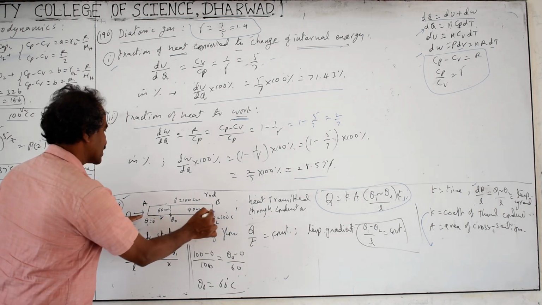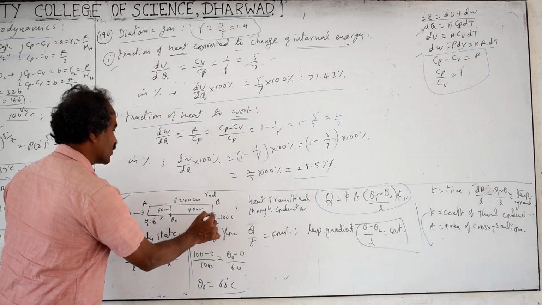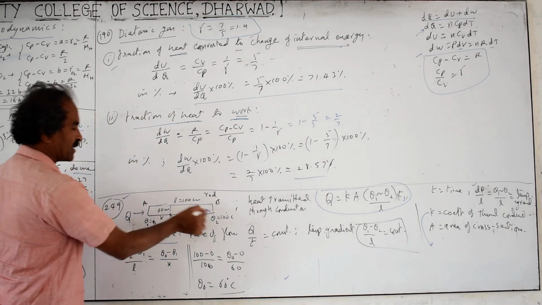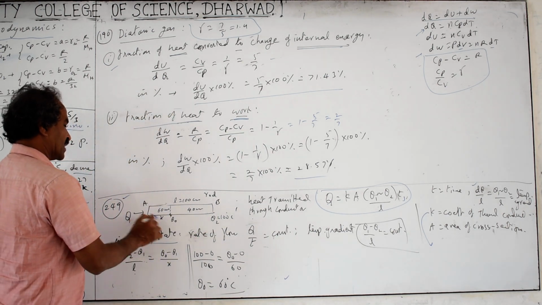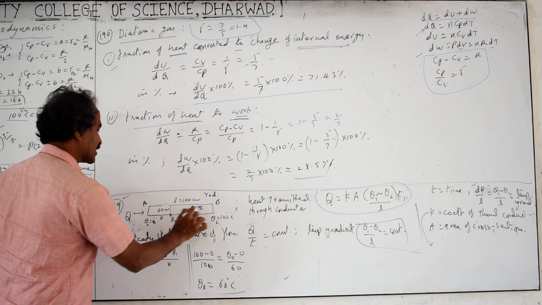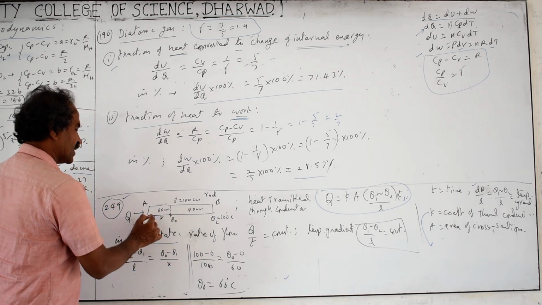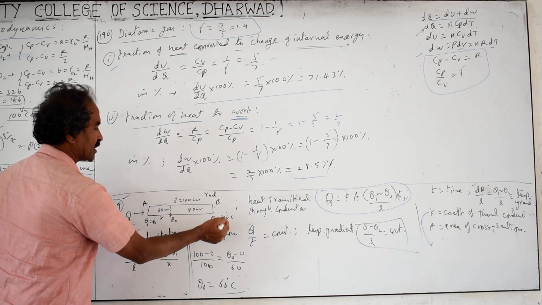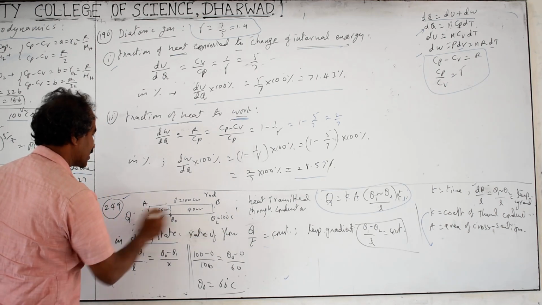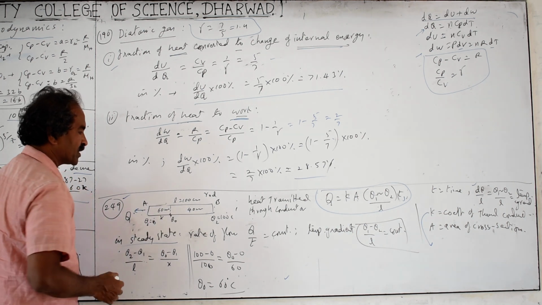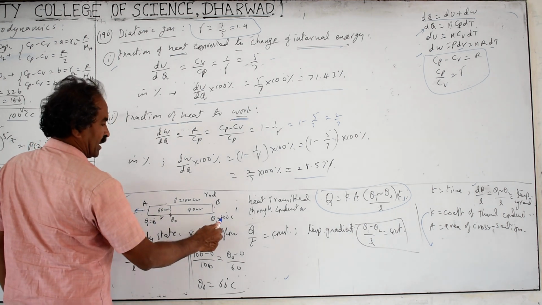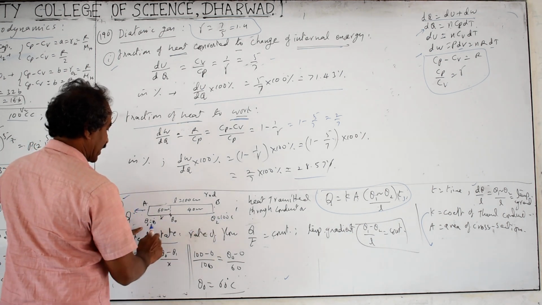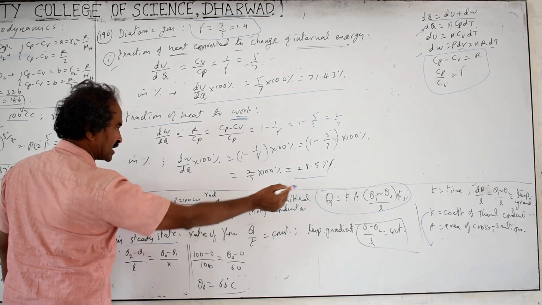Between these two ends the temperatures are theta 1, 0 degree centigrade, and theta 2, 100 degree centigrade, as given in this problem. It is the same conductor, not two different conductors. So the heat transmitted throughout the conductor is constant in the given time. The temperature gradient from A to B: theta 2 is 100, so the heat is actually transmitted from 100 to 0, from high temperature to low temperature.